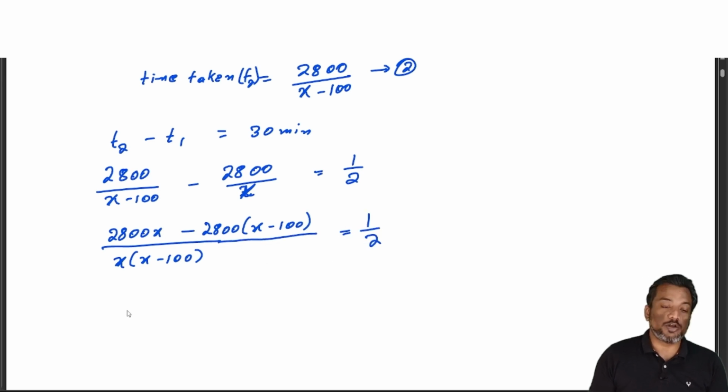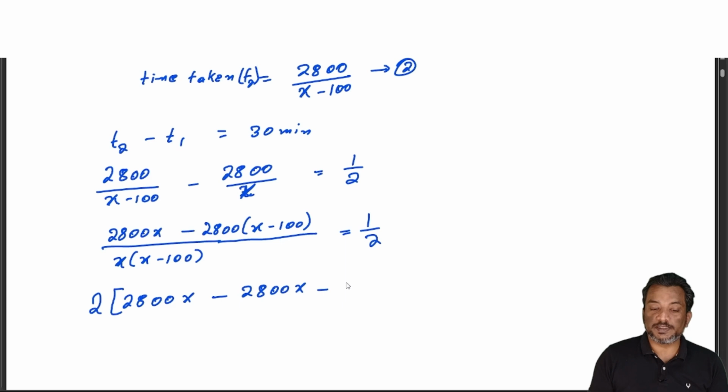Now you can do the cross multiplication, so 2 will come to this side, and here you will get 2800 x minus 2800 x minus 2800.